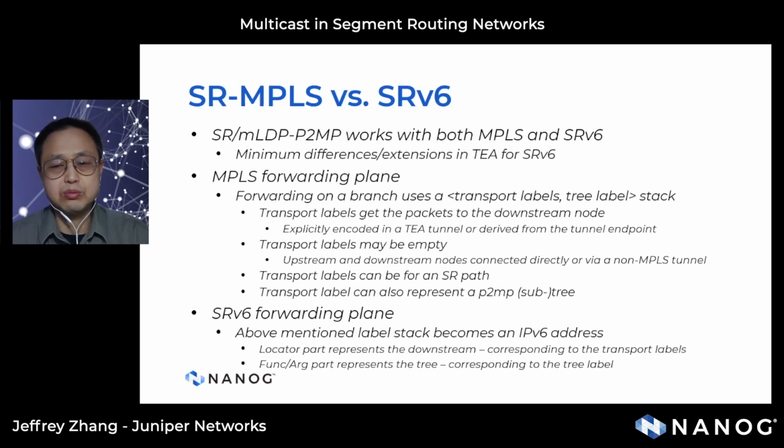That is responsible for getting the traffic to that downstream node. And the function and argument part of the IPv6 address will represent the tree corresponding to the tree label. So you can see that the same signaling will work for both MPLS and SRv6 forwarding plane.